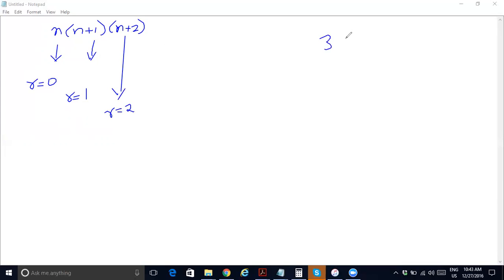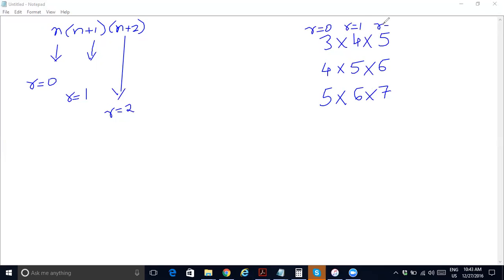Whether we start with a multiple of 3, or we start with a number just greater than a multiple of 3, or we start with a number just less than a multiple of 3. In this case, remainder 0, remainder 1, and remainder 2.